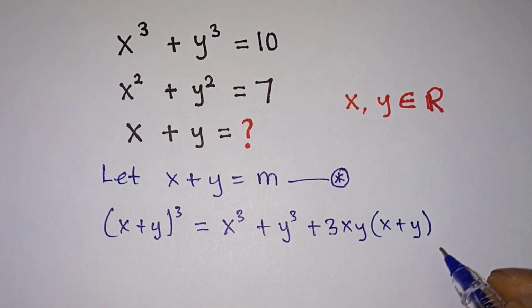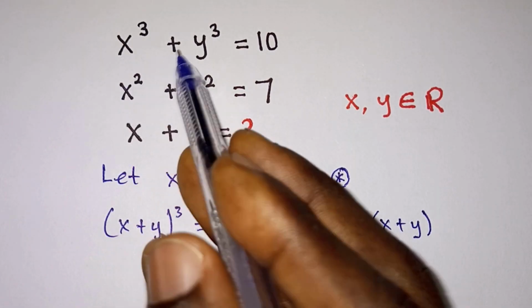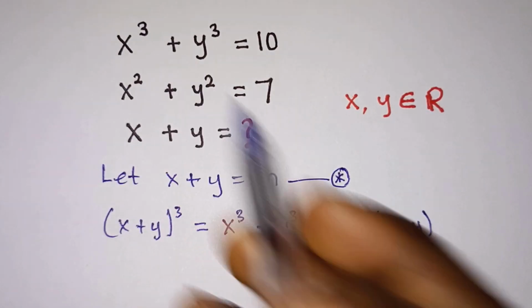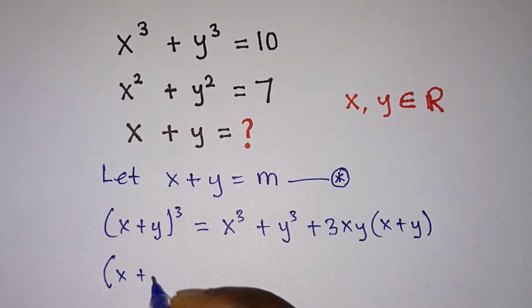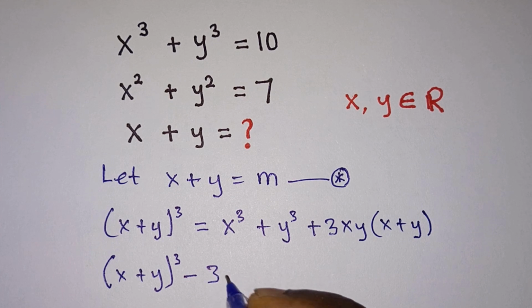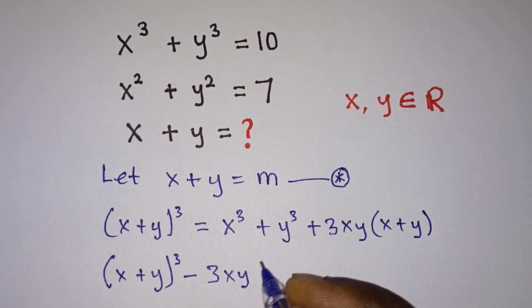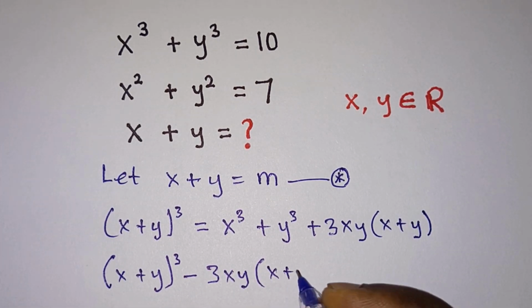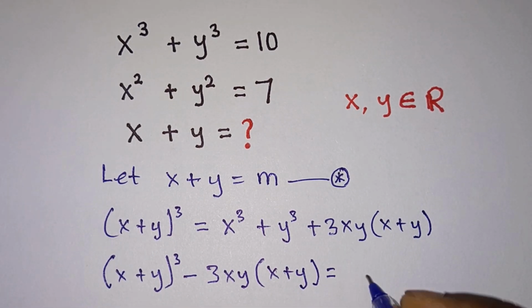This is an identity. So from this first equation, we can write the left-hand side as (x plus y) to the third power minus 3 times xy times (x plus y), and this is equal to 10.